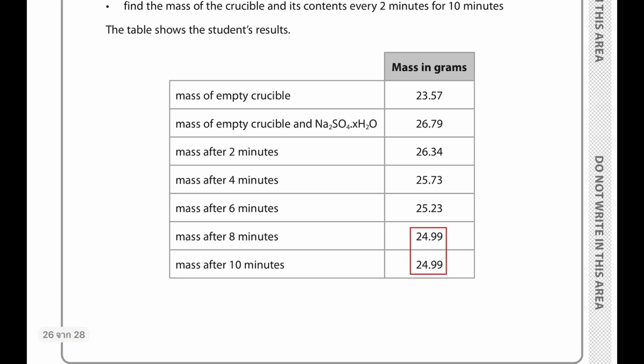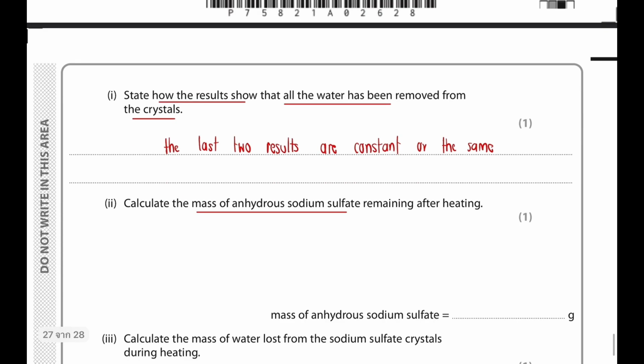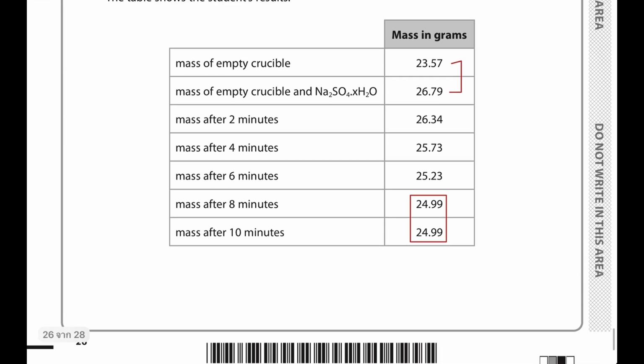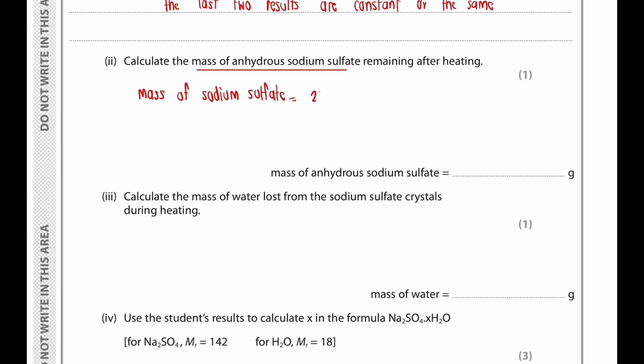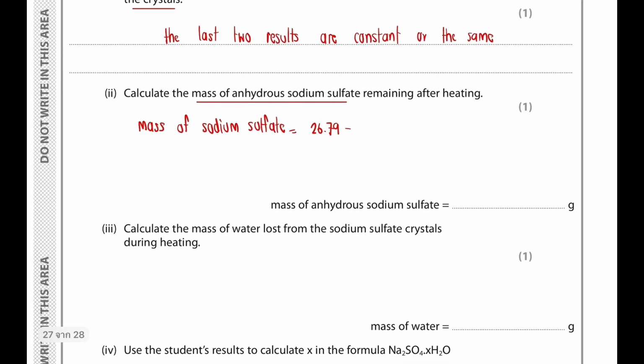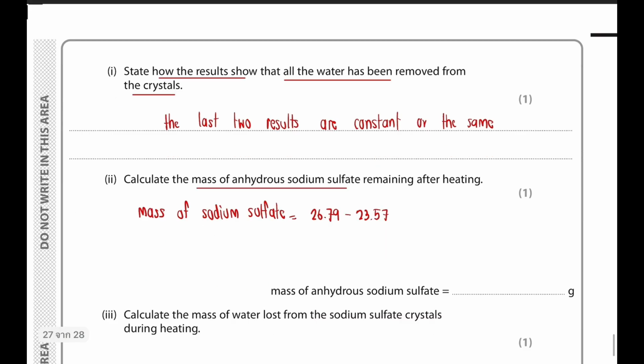Okay, so the mass of sodium sulfate is equal to 26.79 minus 23.57.